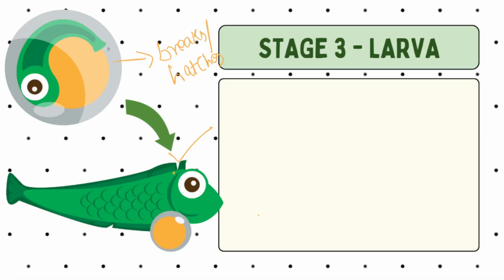The egg breaks and the baby fish comes outside. That part is called larva. So the egg hatches, then tiny fish come out. Baby fish or tiny fish comes out.